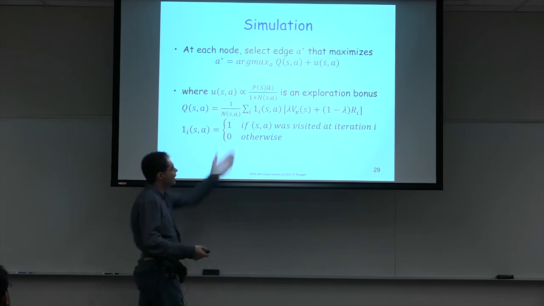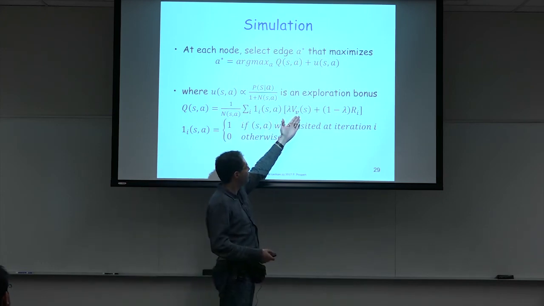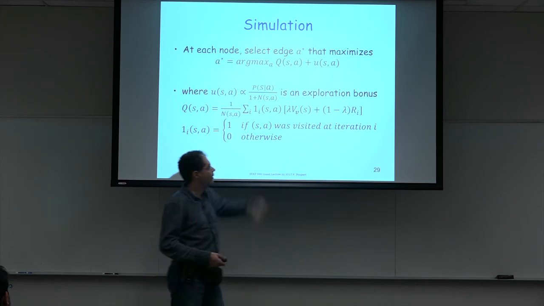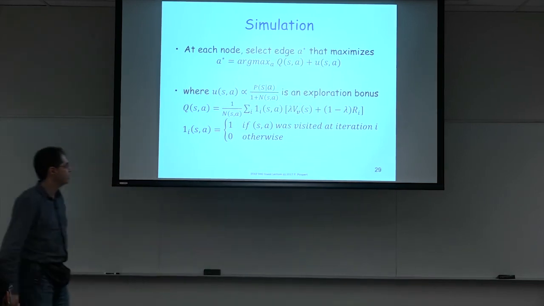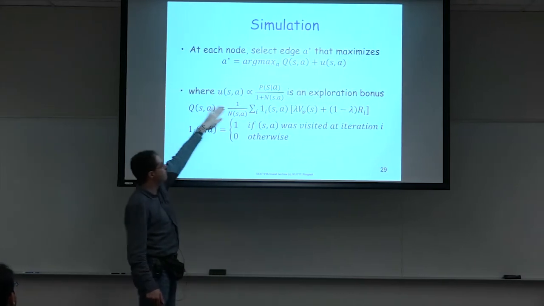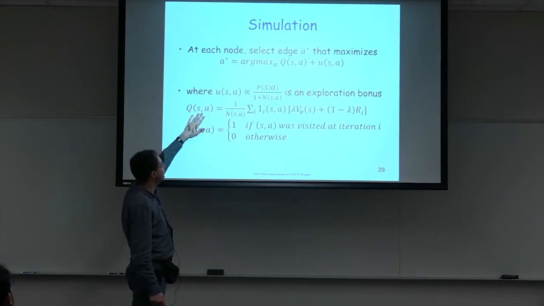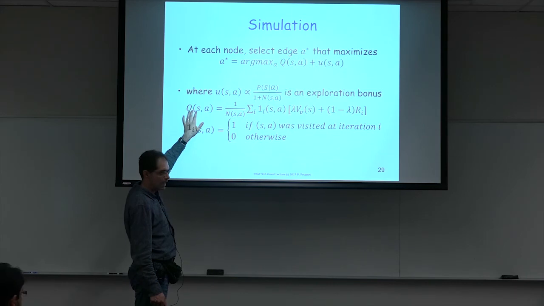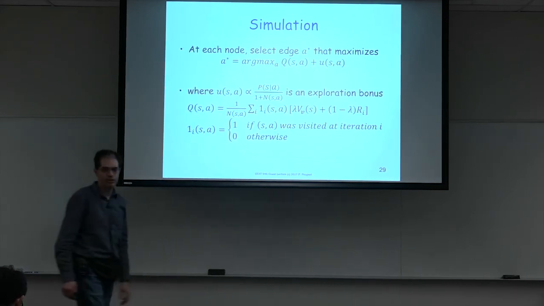Okay, and then look at what were the value estimates, or otherwise the actual win or loss. So this gives us an estimate here of the value of choosing a certain action in a certain state, and then again we augment this with the exploration bonus.